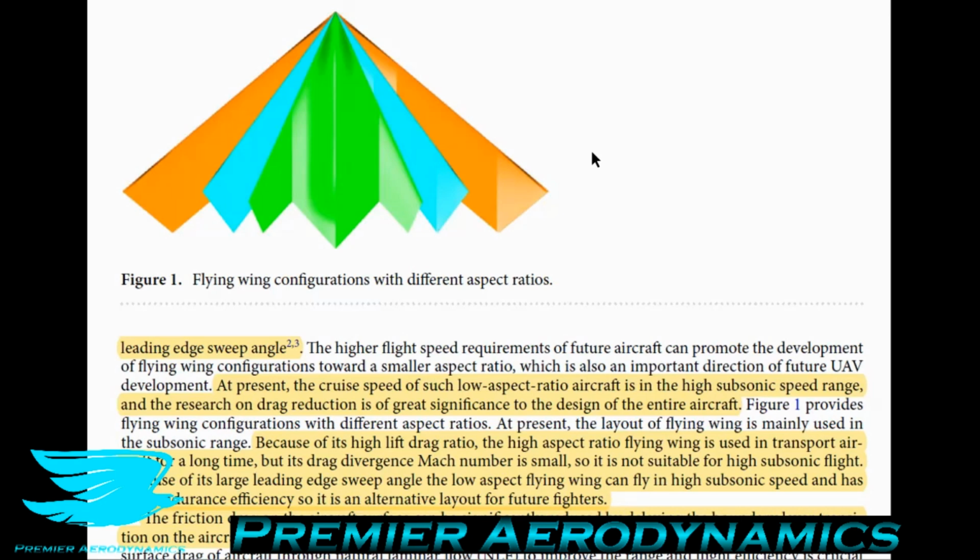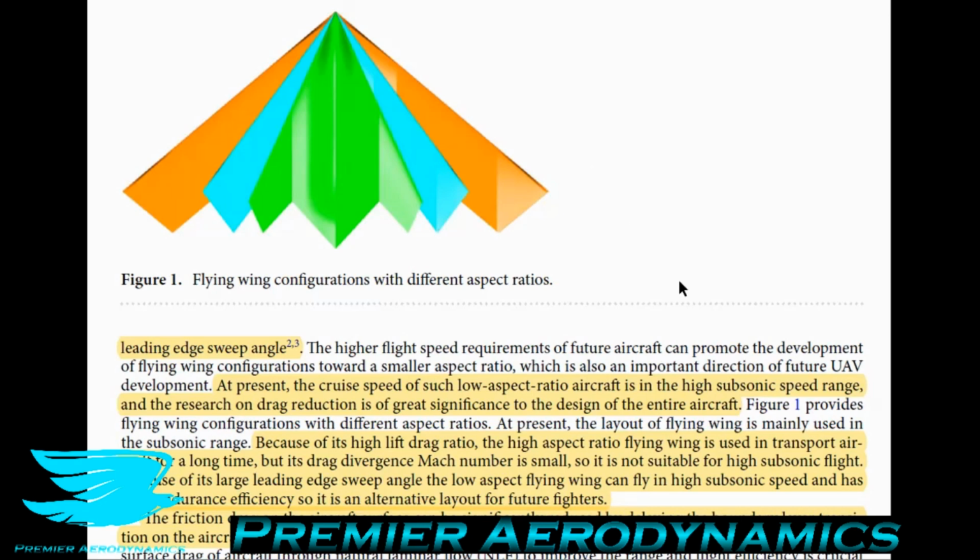So if you had a free stream Mach number of 0.95, let's say, you might accelerate the flow to the point where it's now 1. So you're at the sound barrier. That's the critical Mach number. So the free stream Mach number is 0.95. That's the point at which you'll get supersonic or sonic flow over your object.